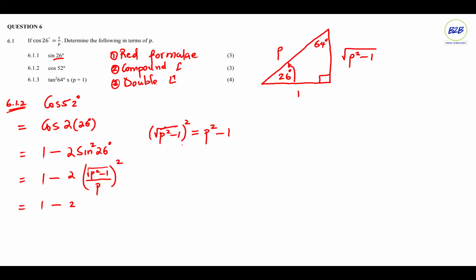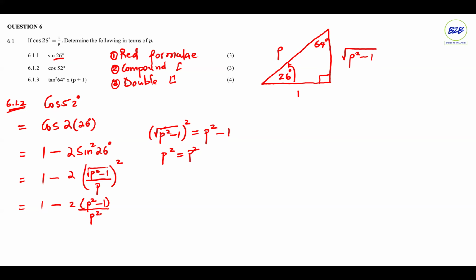So that is for the numerator. And for the denominator, when we say p to the power 2, we'll get p squared. So nothing hectic. In the numerator, we will be left with p squared minus 1. In the denominator, we will be left with p squared.